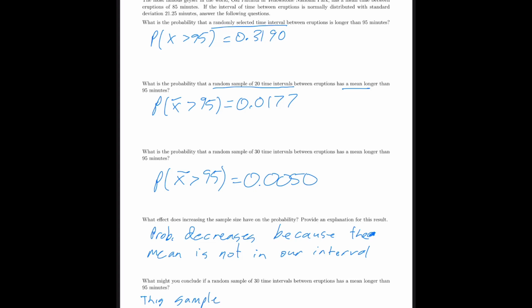And what might you conclude if a random sample of 30 time intervals between eruptions has a mean longer than 95 minutes? Well, there's a 0.5% chance of that happening. So that would mean this sample is unusual, and we might conclude the population mean, mu, is no longer 85 minutes.